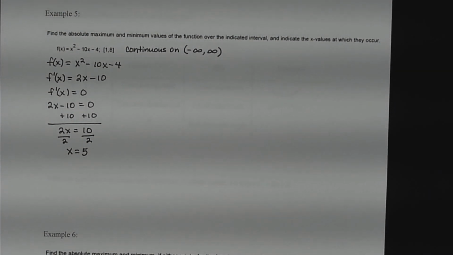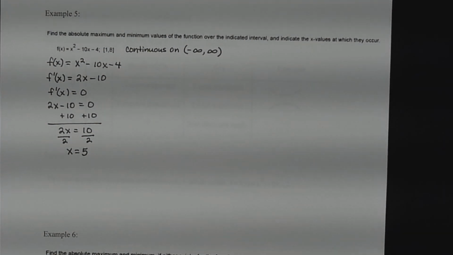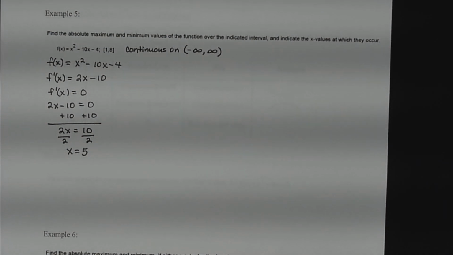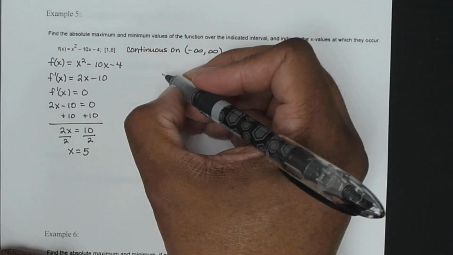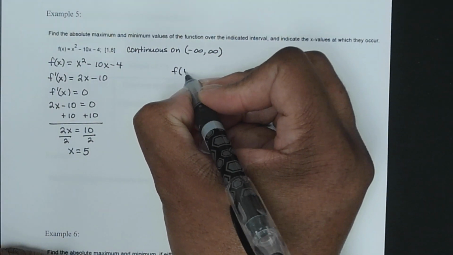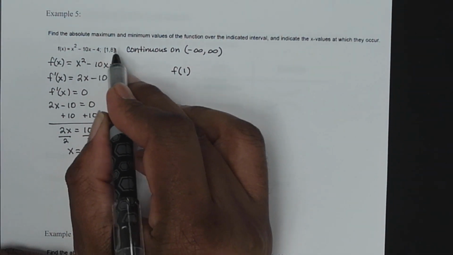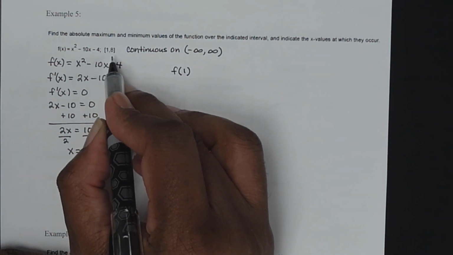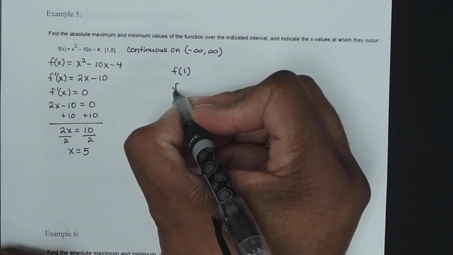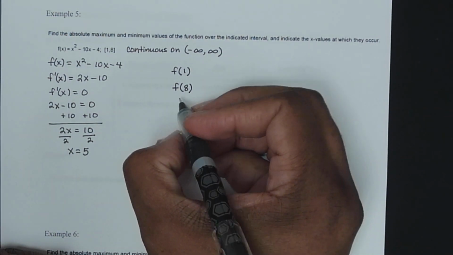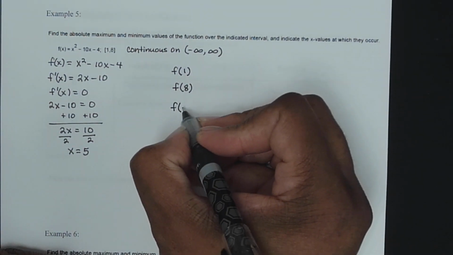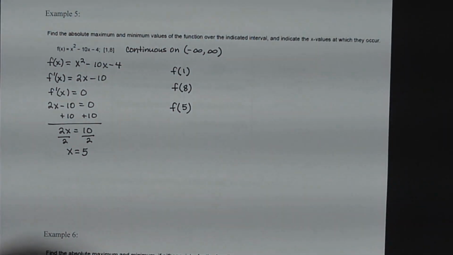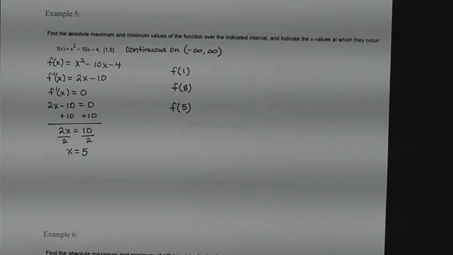All right, so the next step, step number 3, is to evaluate that function at the endpoints a and b, and at the critical numbers found in step number 2. So I need to find f of 1, since my interval is [1, 8]. Also, I need to evaluate f of 8 and f of 5, which is my critical number.